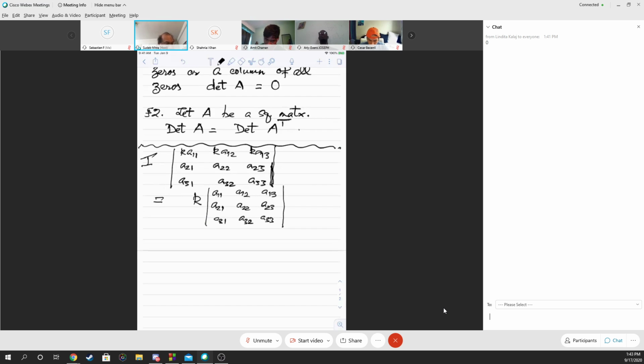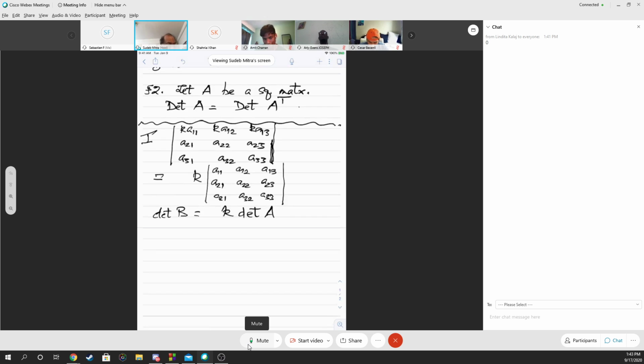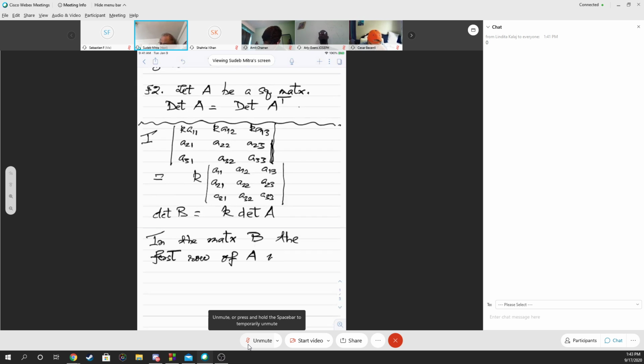So the determinant of B is K times the determinant of A. This is B, this is A. So you write it this way: in the matrix B, the first row of A was multiplied by K. This is B. This is A. K times determinant. I should call this. Yeah, better.